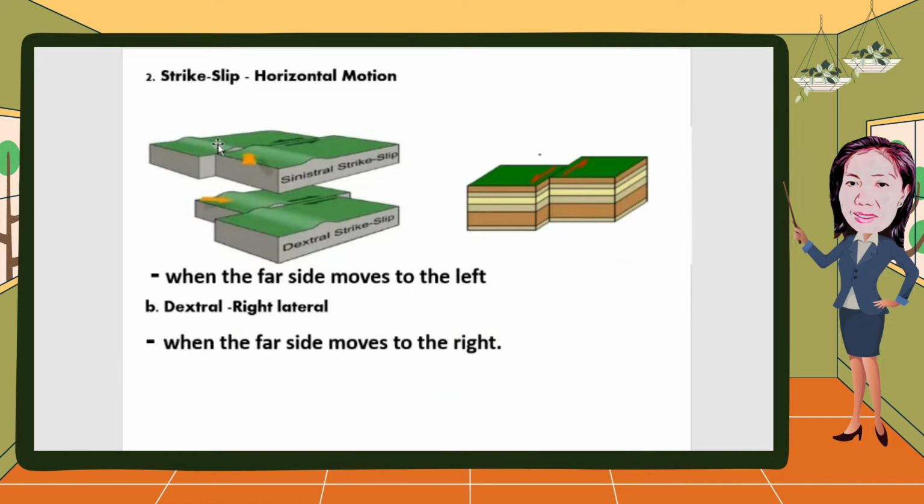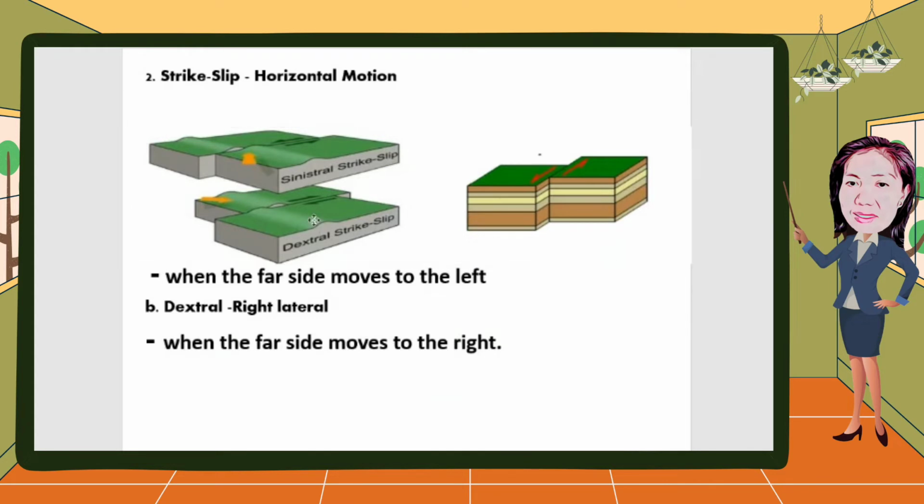Or the other name for left lateral is sinestral. So always remember that focus on the plate or rocks that is far from you. So in this case, ito yung medyo mas malayo sa iyo. Pag itong rock na to moves to the left, this is called as left lateral.